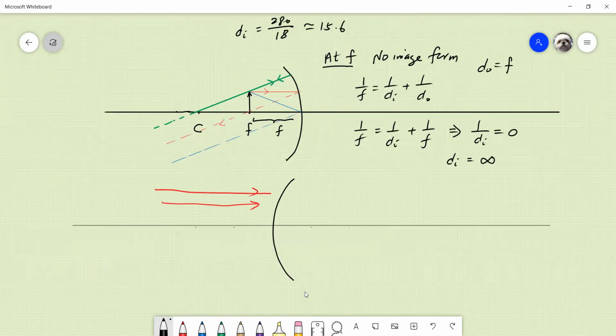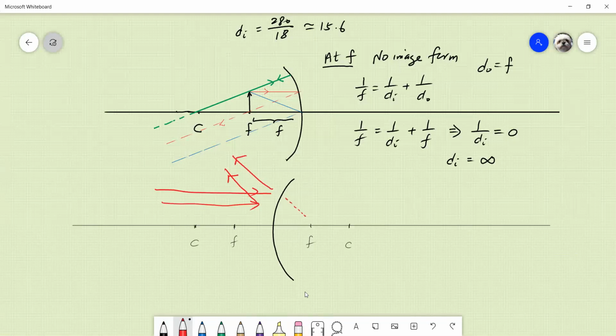Now, what's special about the convex mirror? If you have a parallel line in, they're going to diverge. Am I right? It's a divergent mirror. Now they diverge. It will look like what? They look like they're coming out from the focal point on the other side.